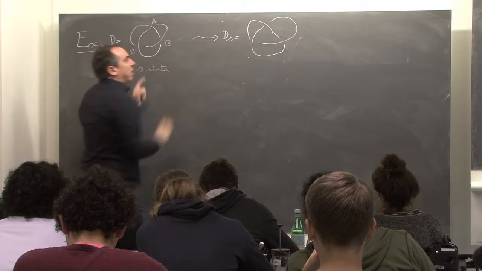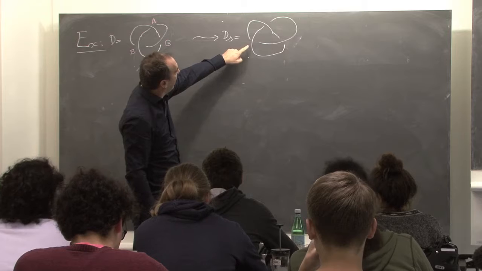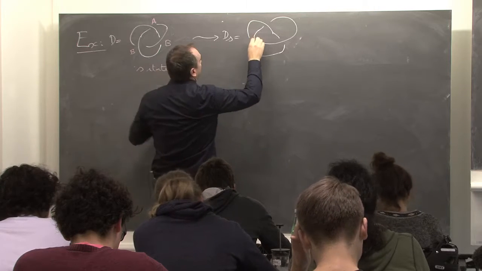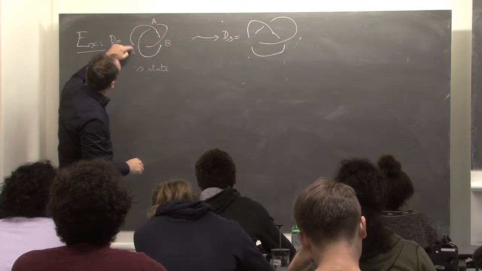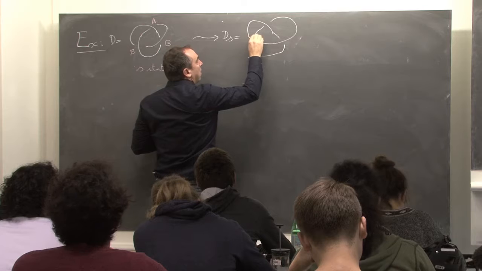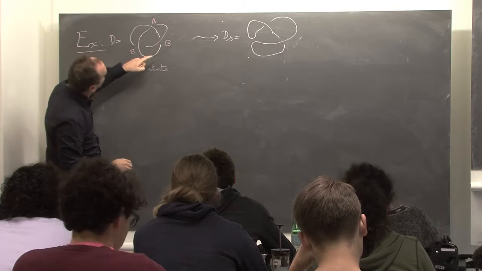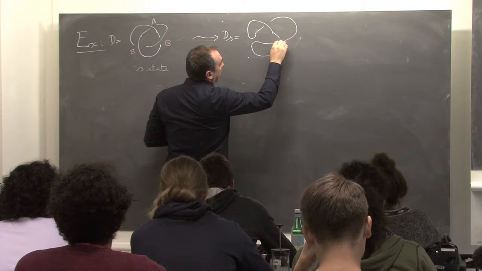We need to split the crossings according to the state. This one is B, so it is like this. This one is B, so it is like this.